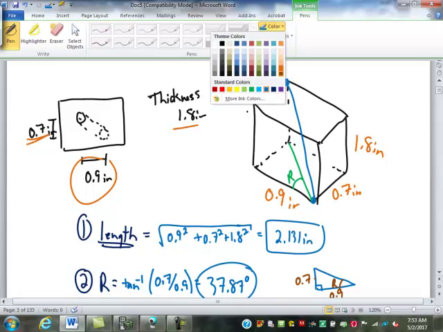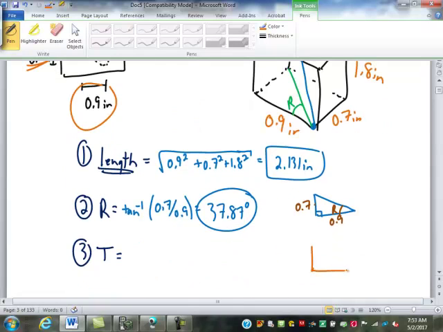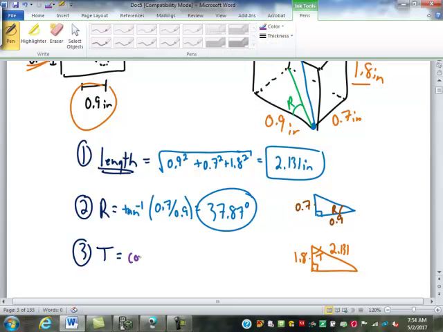And then T is going to be out of this triangle. There's T. This is going to be our height of 1.8, and this is the length of cut, 2.131. That's why we found the length first. So then T is an inverse cosine of 1.8 over 2.131.